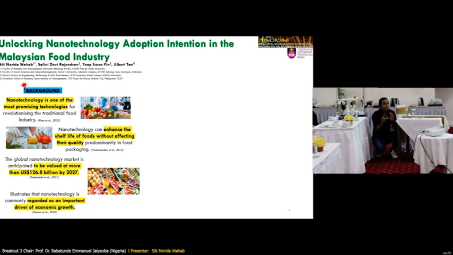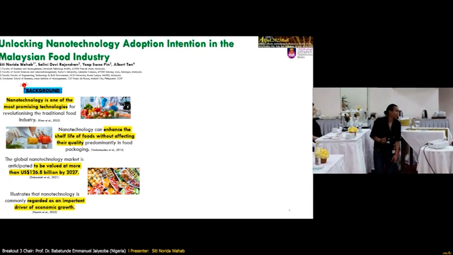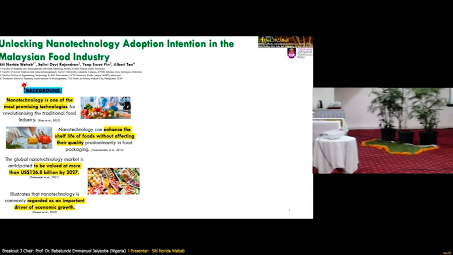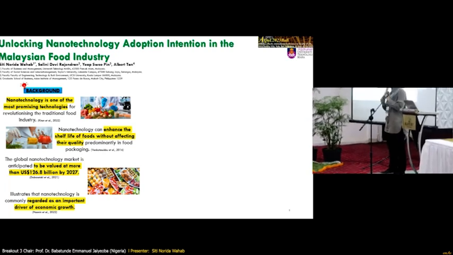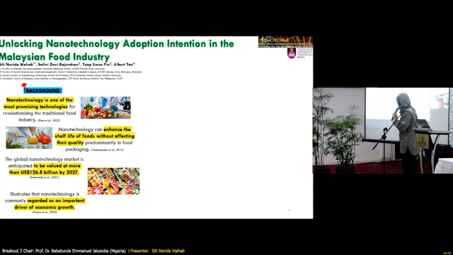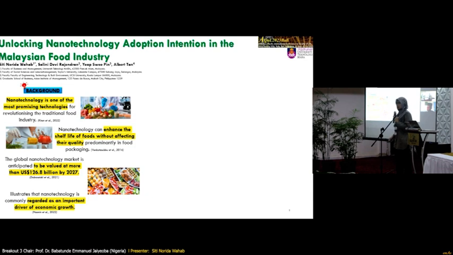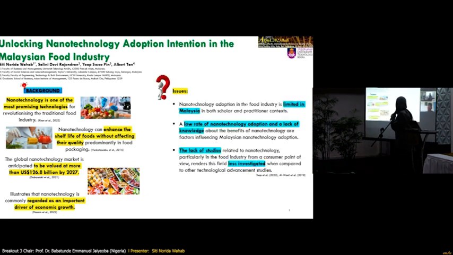And then the global nanotechnology market is anticipated to be valued at 1 to 6.8 billion in 2027. This is a very good figure that we have to notice here, and it illustrates that nanotechnology is an important driver for economic growth. So that's why we are doing this kind of study.